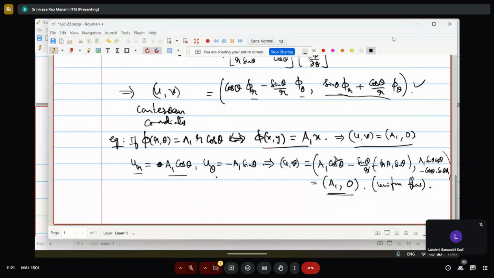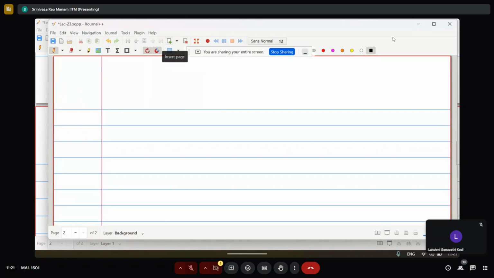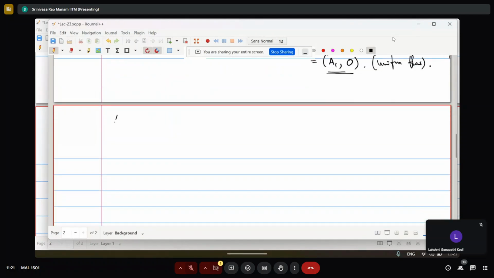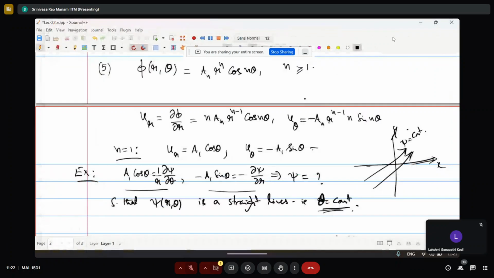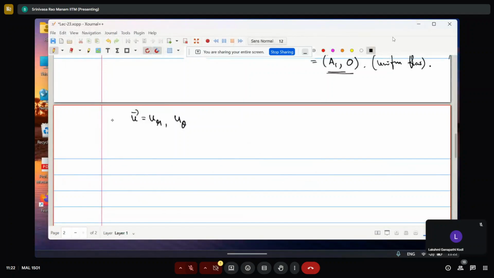One more way is what? What is the 4th way of seeing the flow? You write in terms of stream function, right? So what is the stream function? If this is in polar coordinates, then stream function we know.